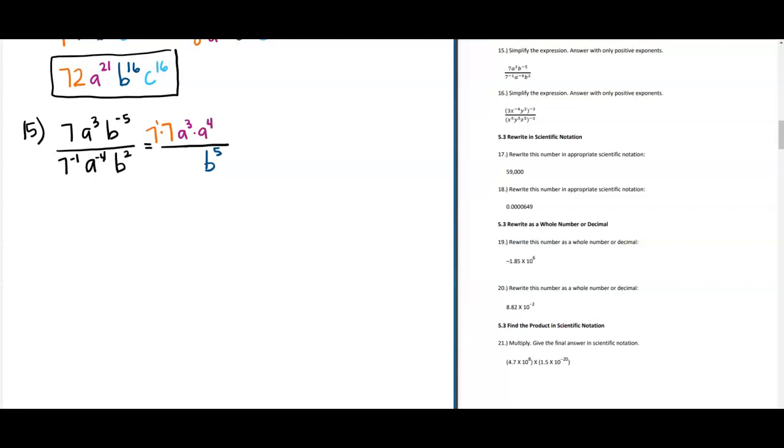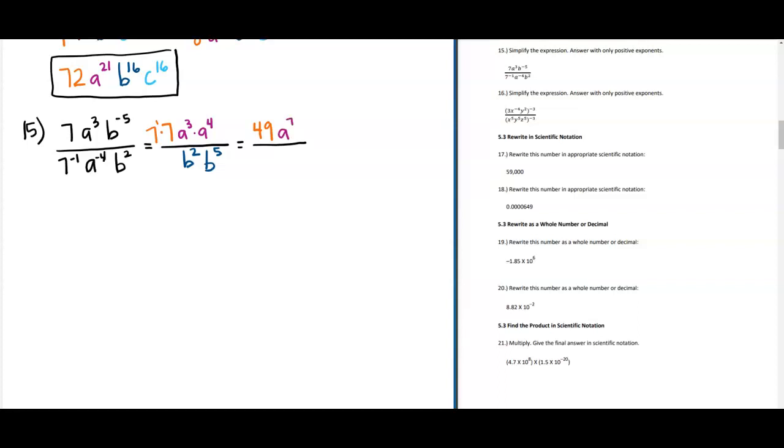And then b is perfectly happy downstairs, so it's going to stay down here, b to the second. Right? And now we just want to combine the things together that are the same. So our whole numbers, that's 7 times 7 is 49. We've got a to the third times a to the fourth, right? So these are going to be added together. That will give us a to the seventh.